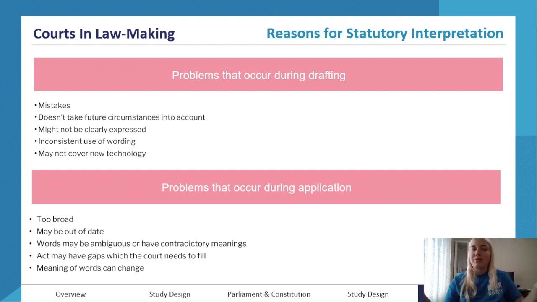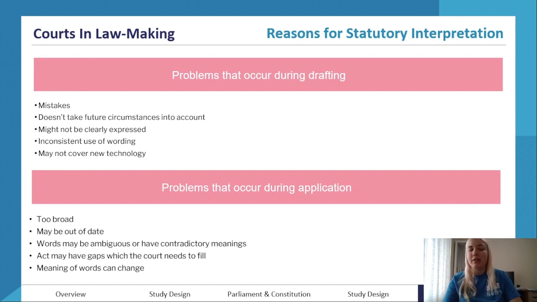It goes through a rigorous process when it's being drafted, and it's very common for there to be a mistake or inadequacy or circumstances that Parliament did not think about. So be able to give some examples. Some examples are literal mistakes. If future circumstances were not taken into account, just like the Brislin case we looked at, where it was the other-like services, they couldn't predict what future technological developments may look like.